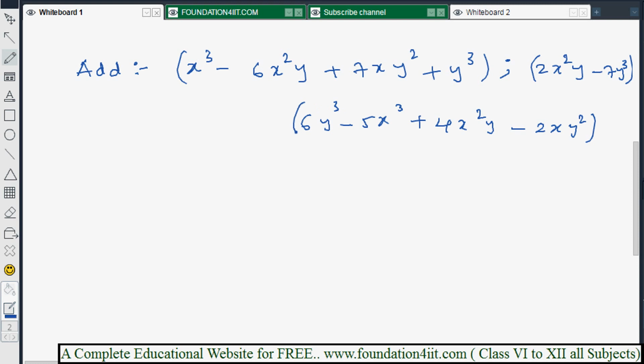Okay, these three we need to arrange like term wise, then we need to add. If any like term is not there, we can give the gap as it is. Okay, let's see the solution.